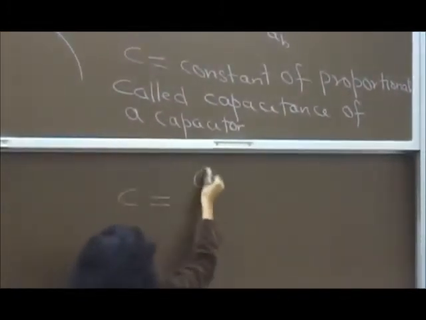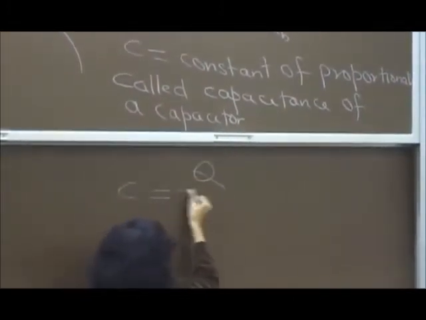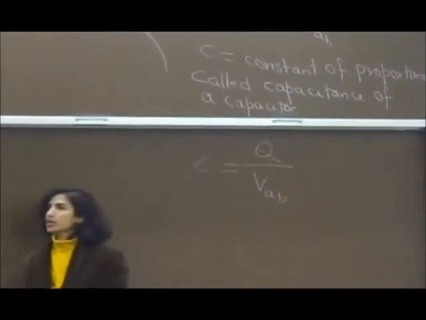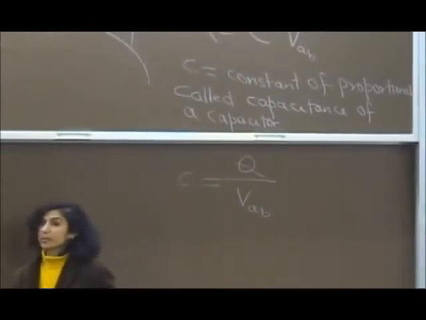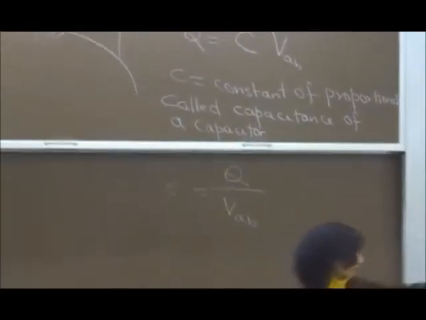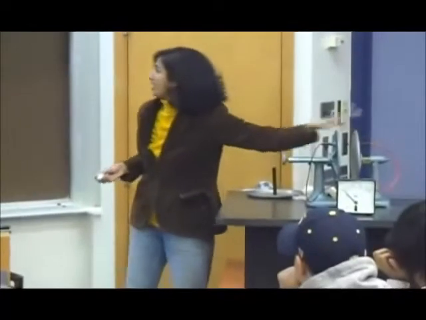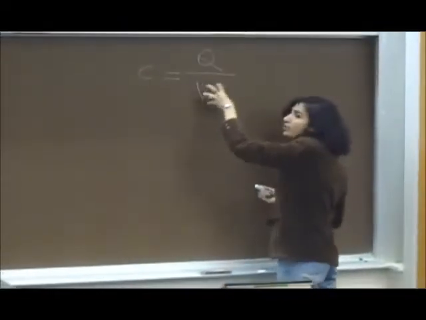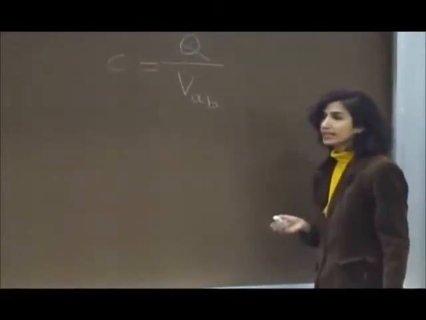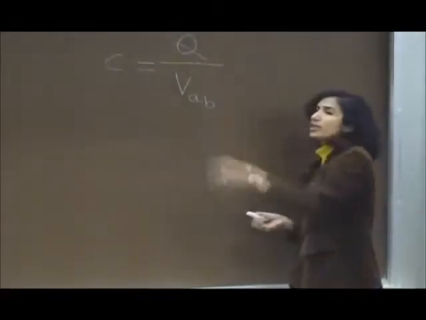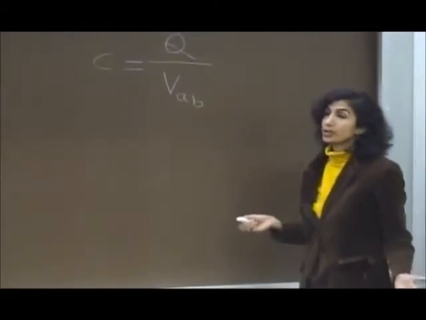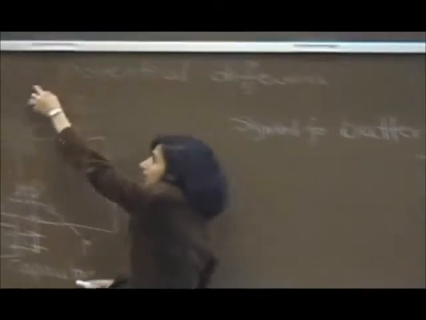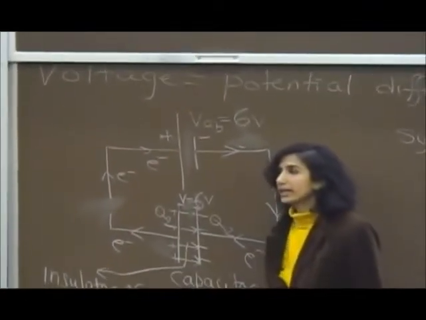You can see that I can define this constant C as Q divided by VAB. So one way to say what is the capacitance of a given capacitor, like for example this parallel plate capacitor, would be: capacitance is defined as the charge stored per unit voltage, right? Do you see it's charge per unit potential difference, or voltage? Remember, voltage and potential difference are the same things, right?